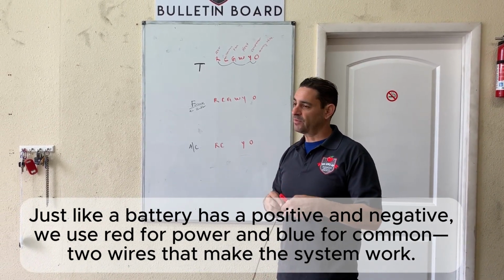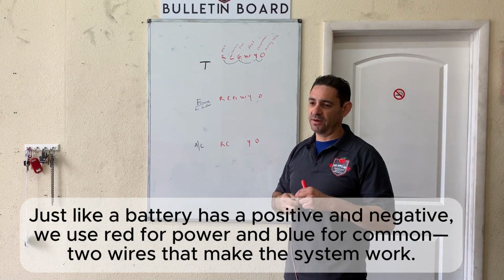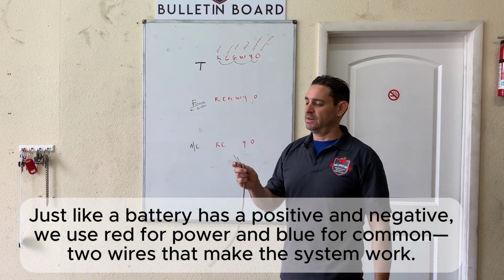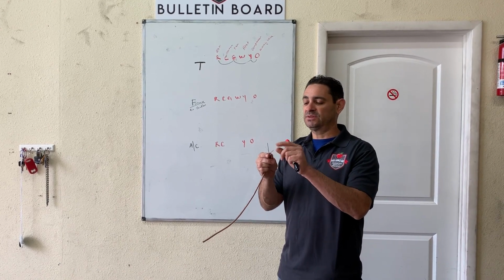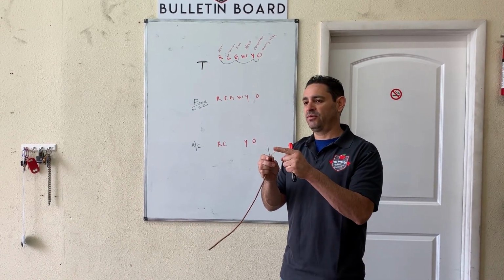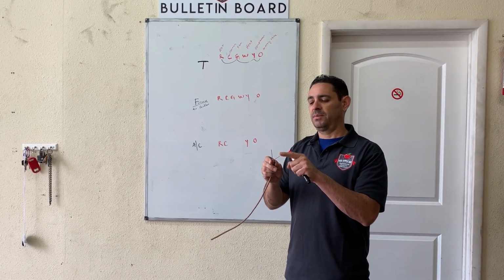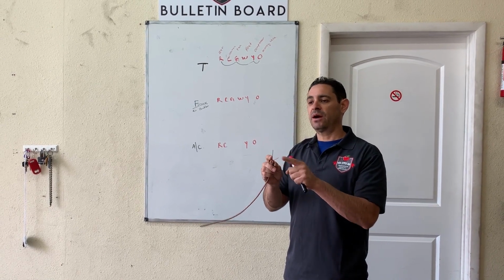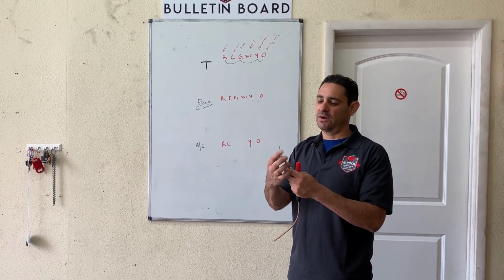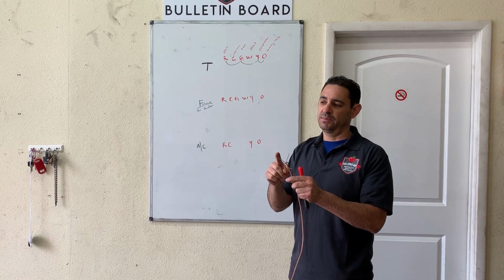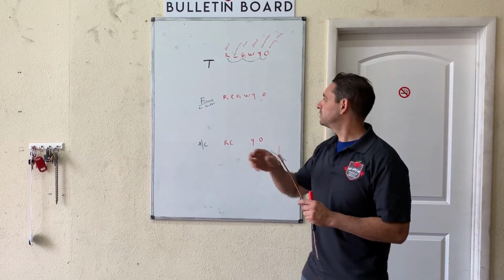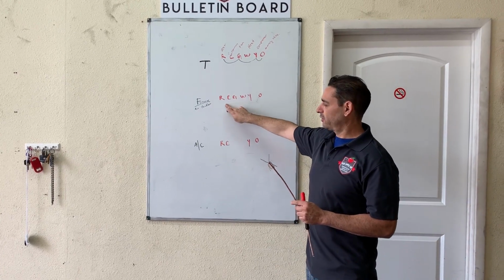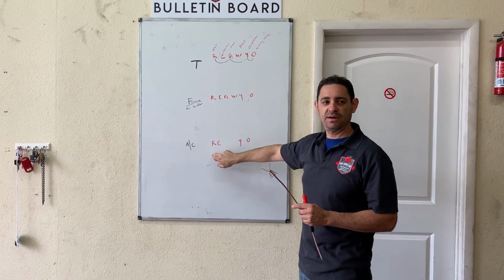In order for air conditioning to turn on, or for anything really to operate, you need 2 wires: the hot and the common, the 24 volt and the common, however you want to call it. So we need these two wires to turn the furnace on and to turn the AC on.